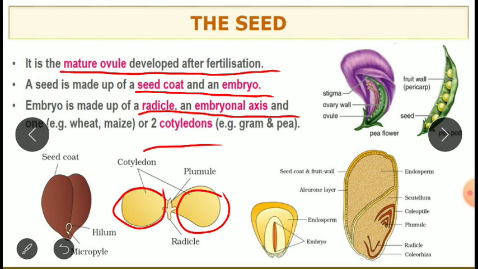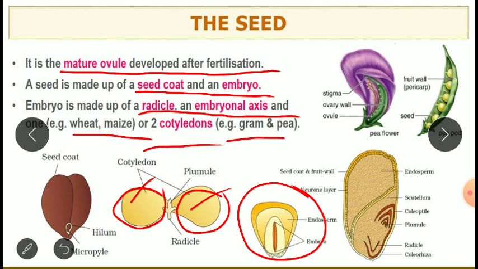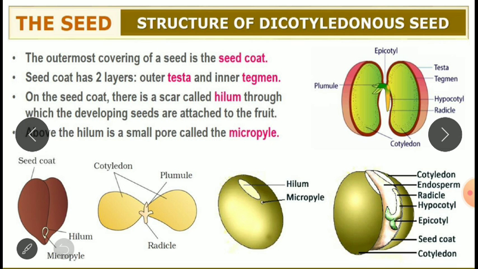Based on this, there are two types of plants: monocotyledons and dicotyledons. Monocotyledons, for example wheat and maize, have only a single cotyledon. Dicotyledons have two embryonic leaves, for example gram and pea.